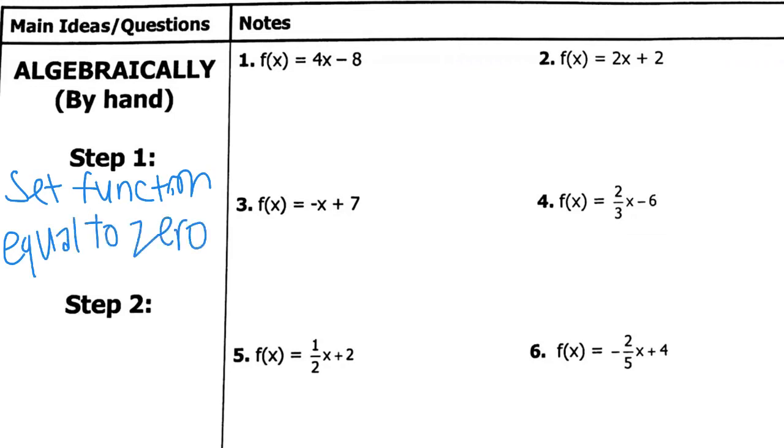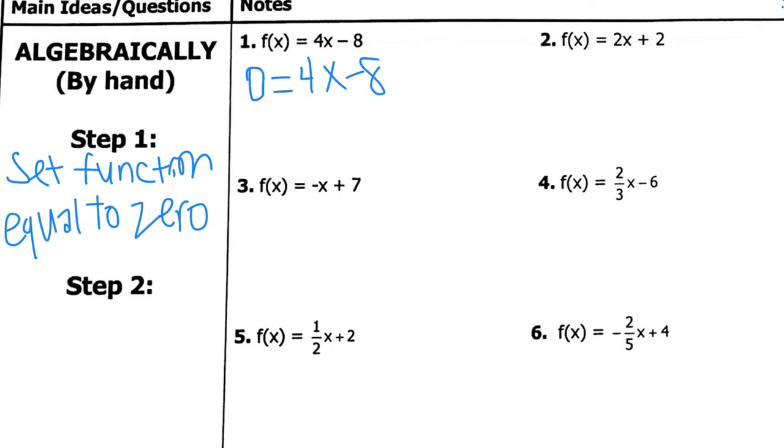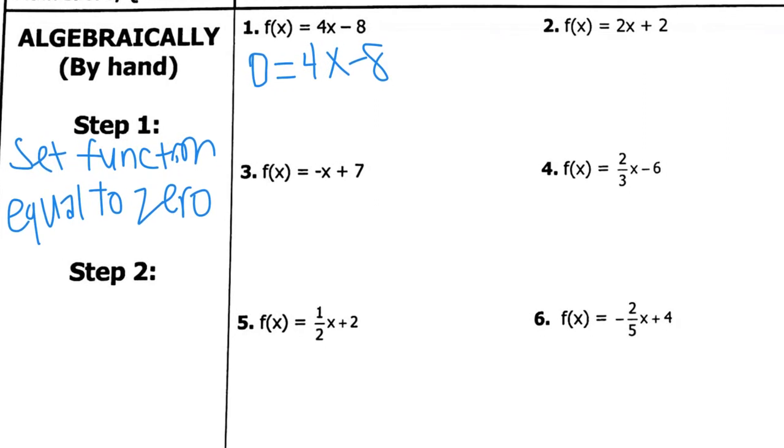So when we do that, if we set this function equal to 0, then conceptually, instinctively, what you want to do is solve for x. So step 2 is solve for x.